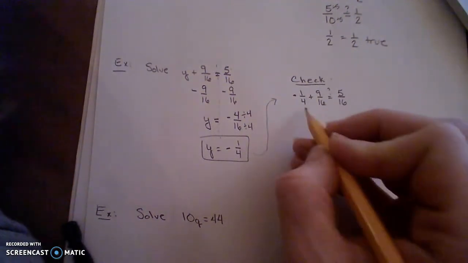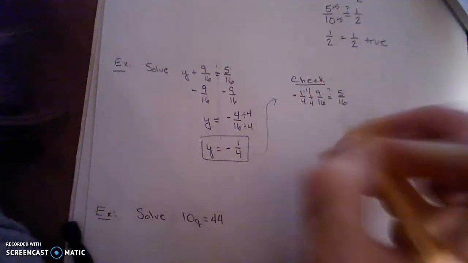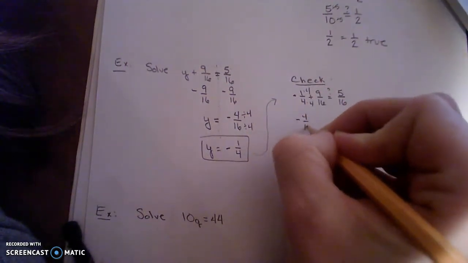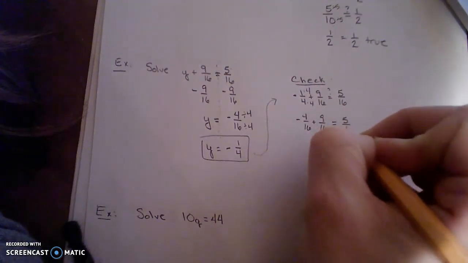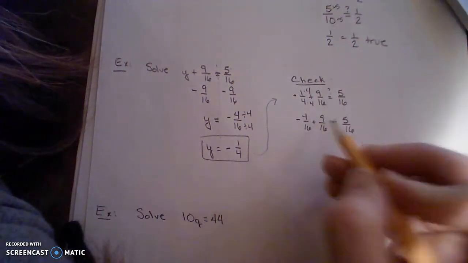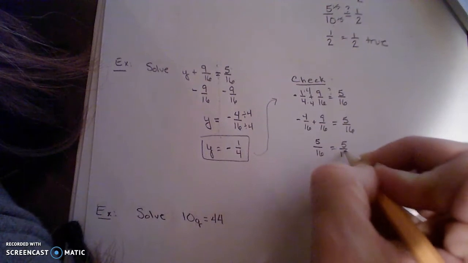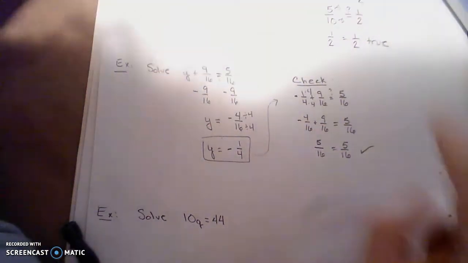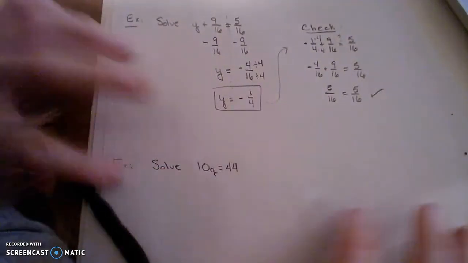All right, in order to add these together, I need the same denominator. So I'm going to multiply top and bottom by 4. So negative 4/16 plus 9/16, does that equal 5/16? Negative 4 plus 9 is indeed 5. So I got 5/16 equals 5/16. Great. So this is the process of checking your work after you've solved the equation.